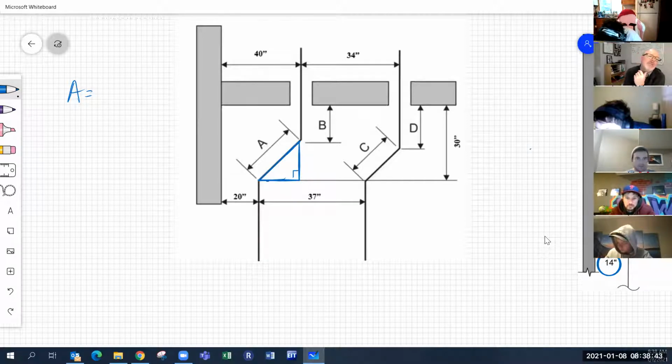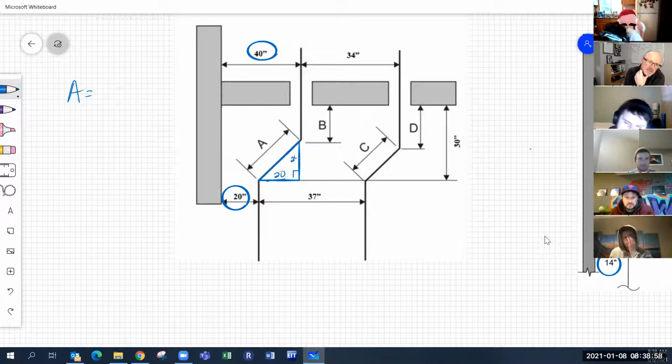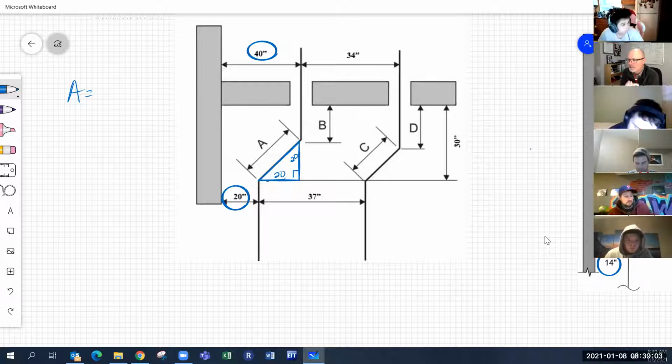Here's my right angle triangle on A. So this measurement here says 40. This one says 20. So that makes this line right in here 20. It also makes this rise 20. Rise and run are always the same on a right angle 45-degree triangle. So A is equal to 20 times 1.414.